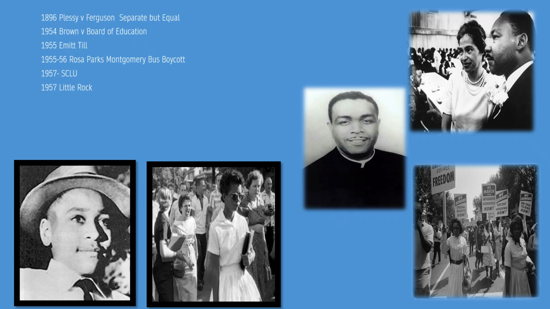And this new generation of activists that are going to really unite and build under Martin Luther King are going to use this as a turning point to do something. And little Emmett Till actually ignites a movement within America that really transforms it.